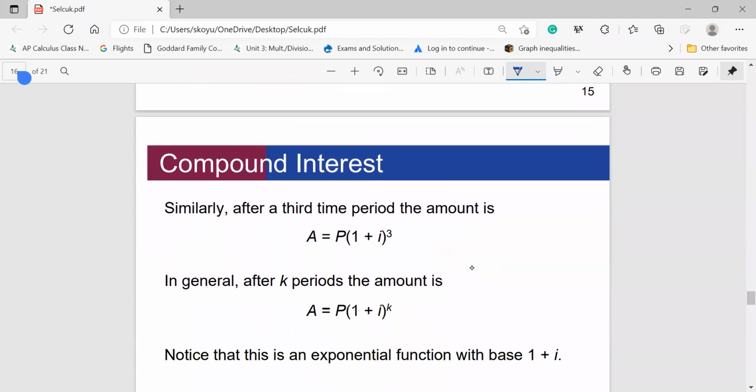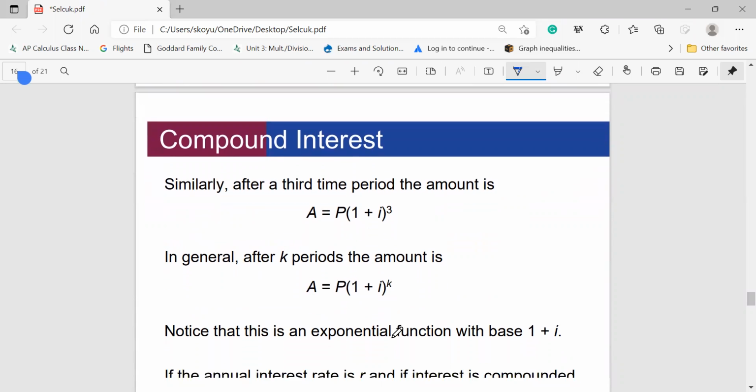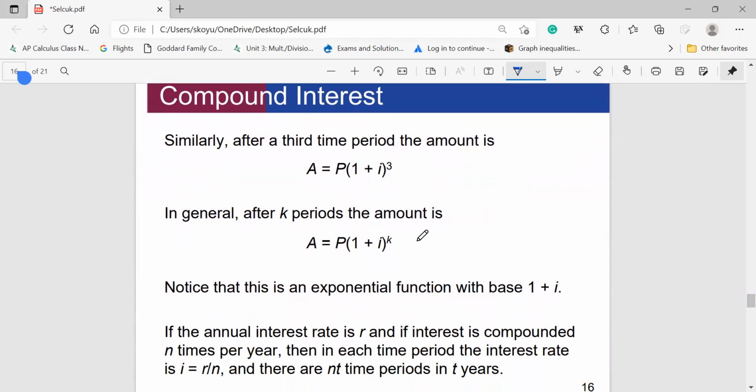If you keep on doing this, you'll get P times 1 plus I to the third, and so on. And after K periods, it will be 1 plus I to the K power multiplied by the principal. So this is called an exponential function. Of course, it's an exponential function form, and we will call that a compound interest after K periods of time, right?